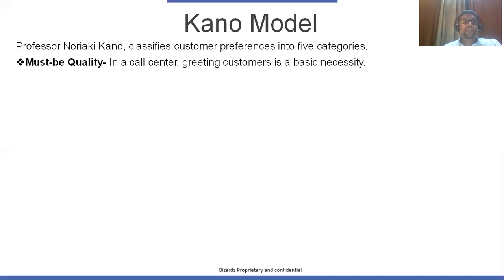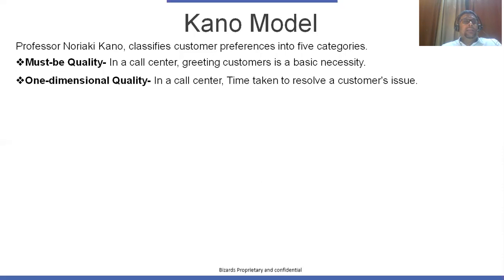The example is, for example, in a call center, greeting customers is a basic necessity. And the second category is one-dimensional quality. These are all the attributes that result in satisfaction when fulfilled and dissatisfaction when not fulfilled. Again, in the example of a call center, the time taken to resolve the issue.